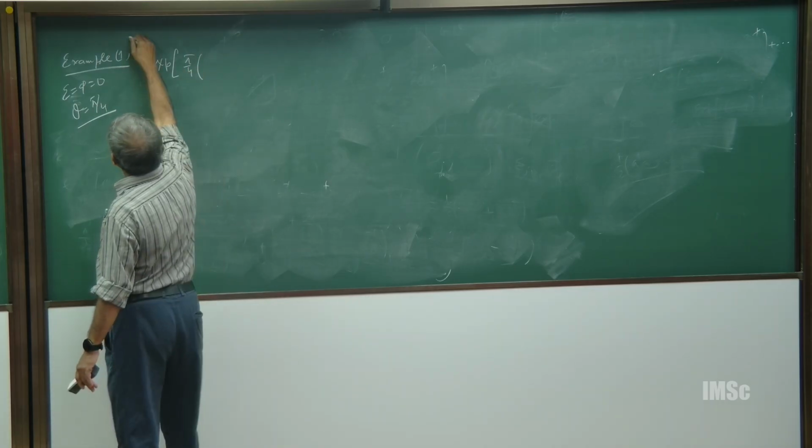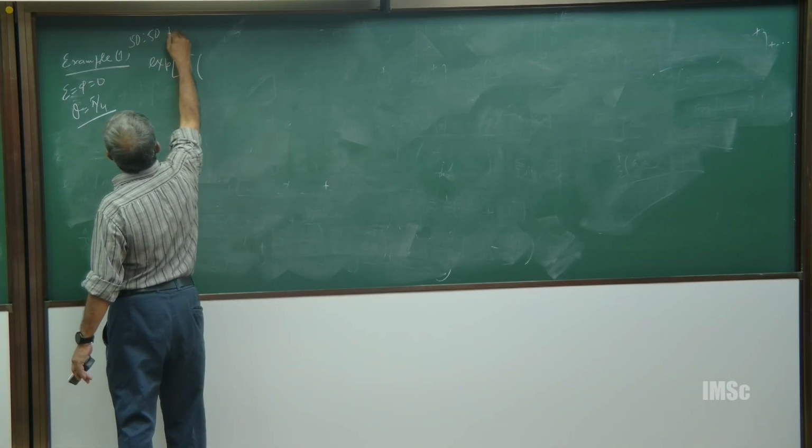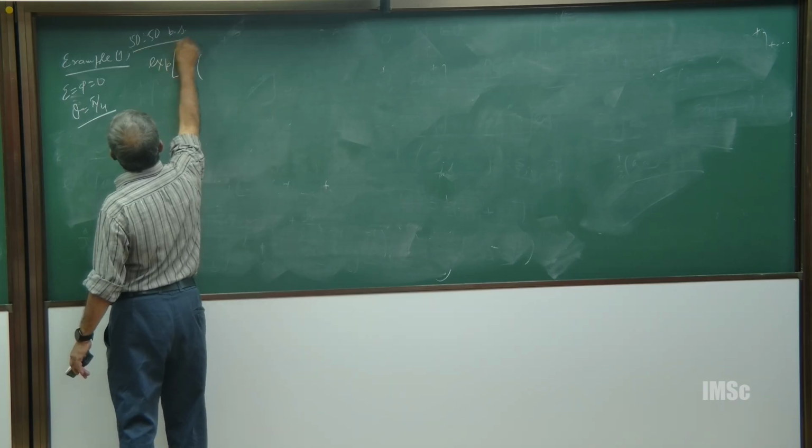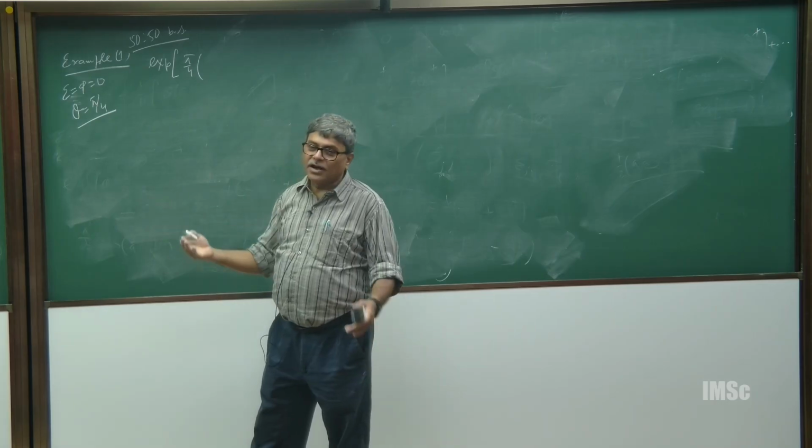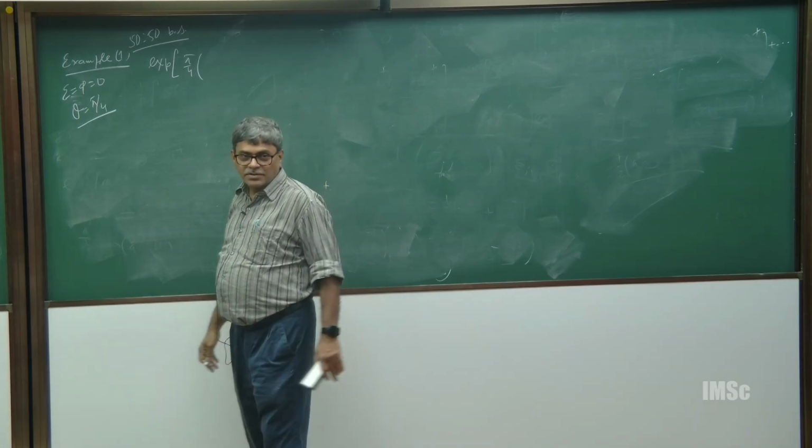This is called a 50-50 beam splitter, because cosine theta and sin theta are basically 1 upon root 2 each.